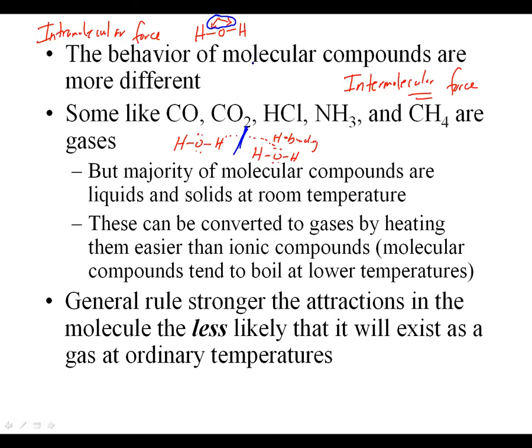So what ends up happening is the bond between one whole water molecule and another whole water molecule is the bond that's easily broken. And when you do, the water goes from the liquid state to the gas state, and it's still water at that point.